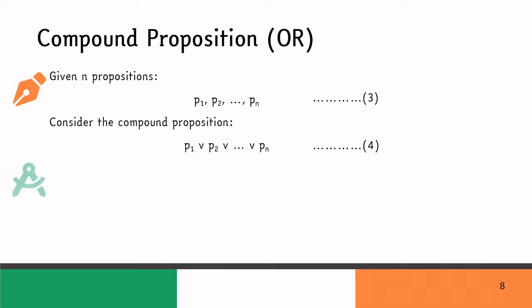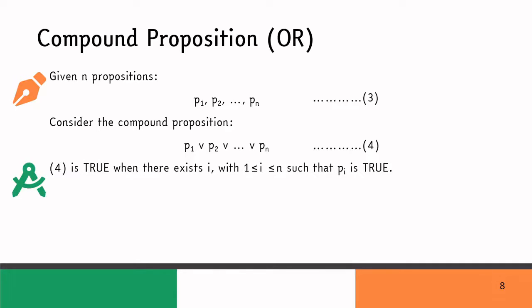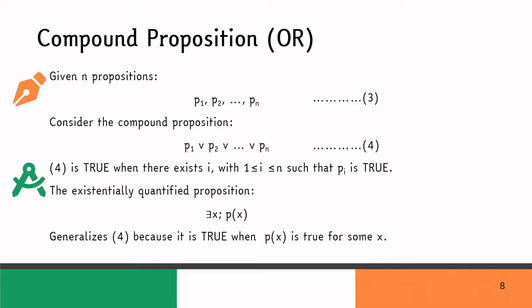We can say that statement 4 is true when at least one of the values among P1, P2 up to Pn is true. This is called the existentially quantified expression and can be represented as there exists x such that P of x. This statement is said to generalize statement 4.